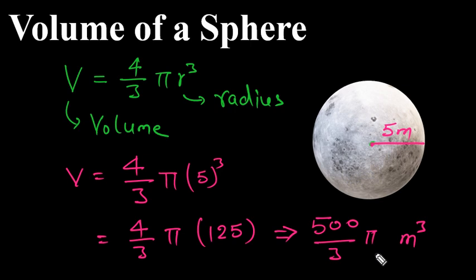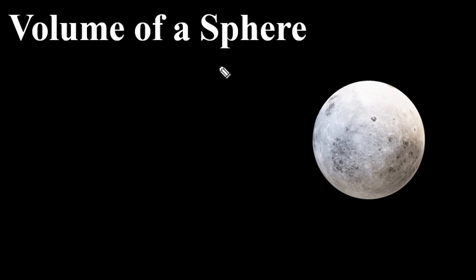Okay, now let's try one more question. This is the basic question on volume of a sphere. Now remember this formula. Now in this next question, this is your center and there's a great circle around the center. I've discussed if you have a great circle around the center, it can divide the sphere into two parts.